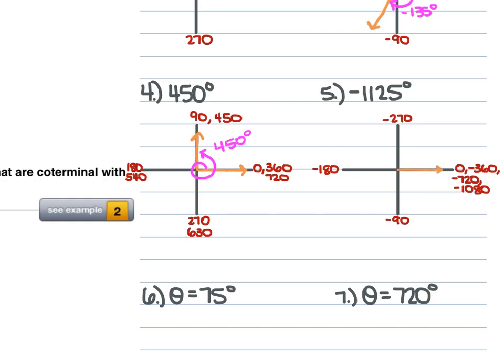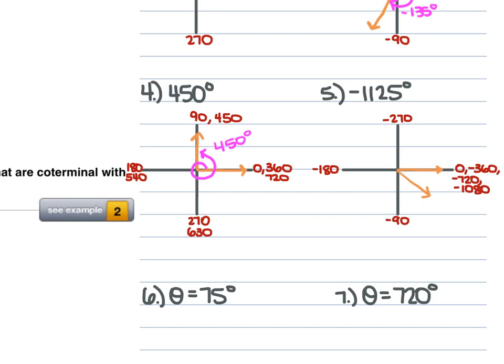So again, we went around going this way. We're going around once to get to negative 360. Then we're going to go around twice to get to negative 720. Then we're going to go around 3 times to get to negative 1,080. From there, that other side is going to be around this position to give us that angle.